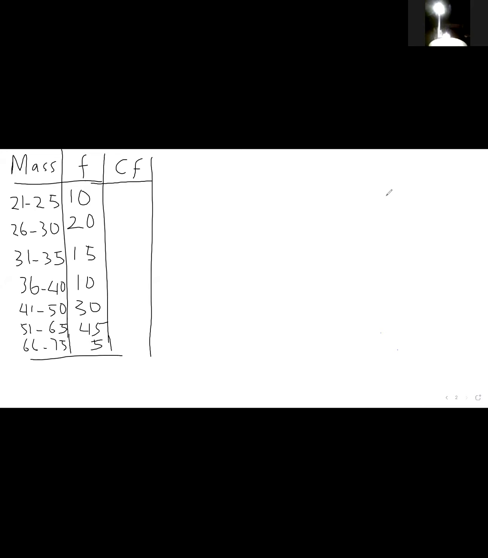But now, what's missing is the cumulative frequency. That shall need the 10, then you have 30, then 45, 55, 85, 130, and 135.